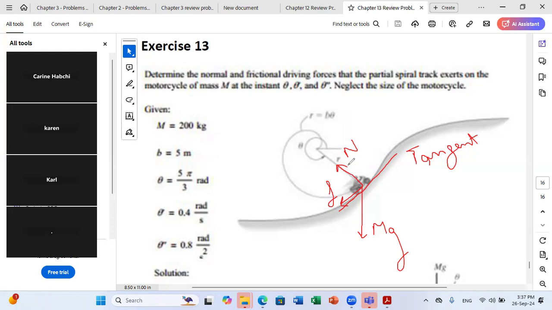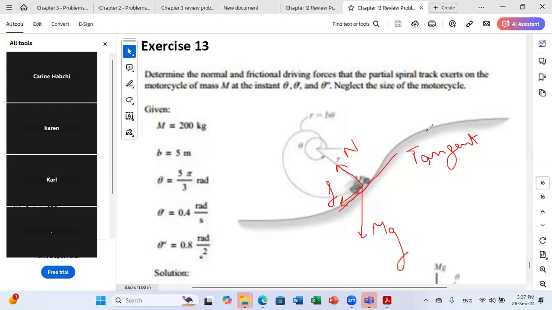Okay? Now, maybe you can say, because F and N are along UN and UT, why don't I use the UN, UT components? Because I don't have an idea about the radius of curvature. Here, they didn't give me the motion as y as a function of x to get the radius of curvature at any position I want.